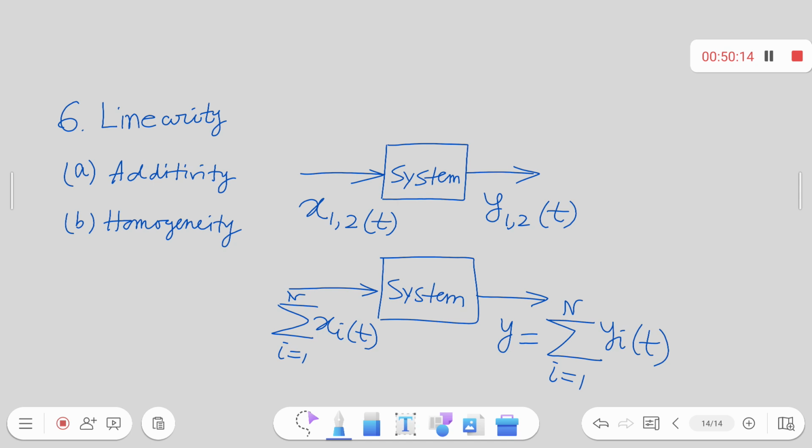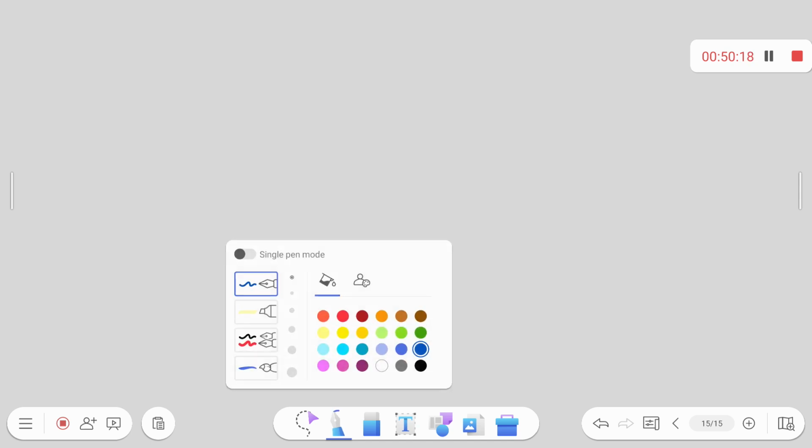Let's have an example. A pretty popular system description: y of t is equal to k times x of t. It is a simple amplifier.